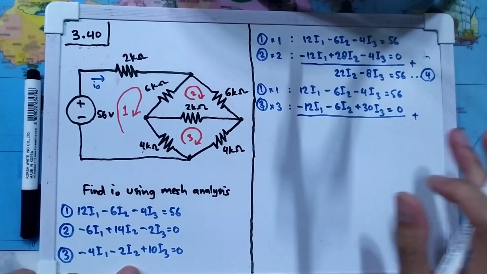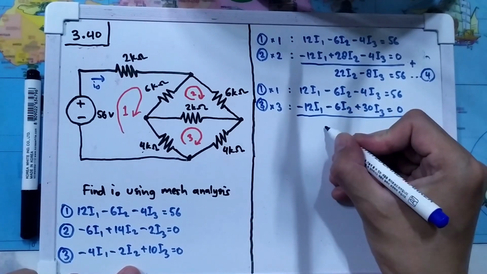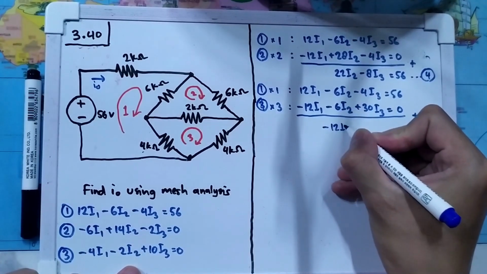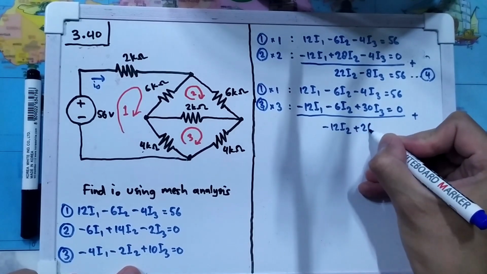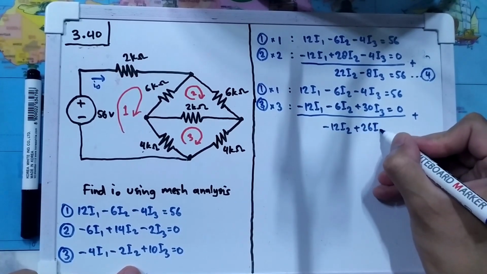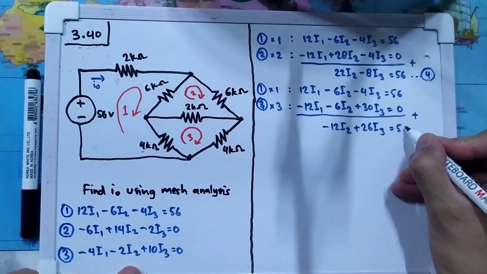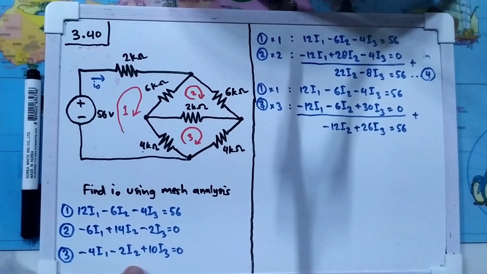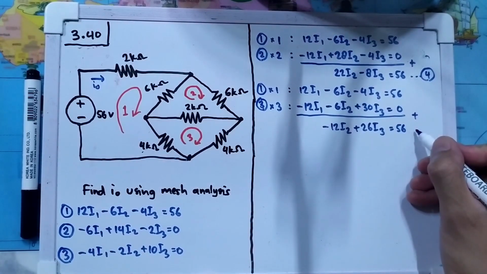Okay, let's add that, and I will have minus 12I2 plus 26I3, and that will equal to 56. Okay, and let's save this as equation number 5.